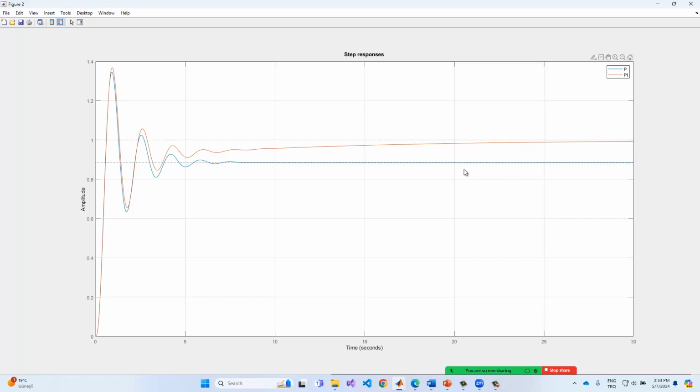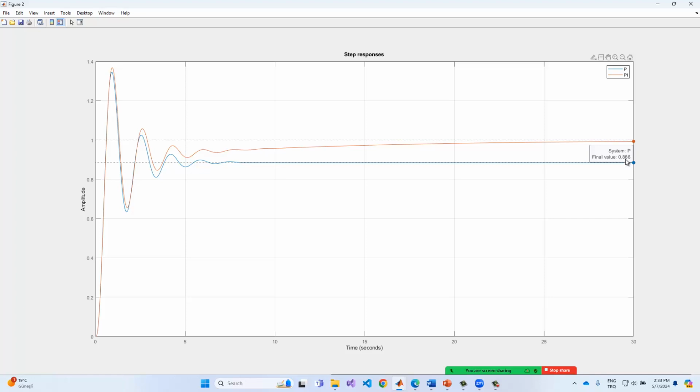Yes, Bilge. One of them is the integral plus P, but you must examine or evaluate the step response. What is the difference of the two responses in here? Yes, we don't have any steady state error in here, just like this one. If we check the steady state values of these terms, the only proportional control creates the 0.88 value for a unit step.